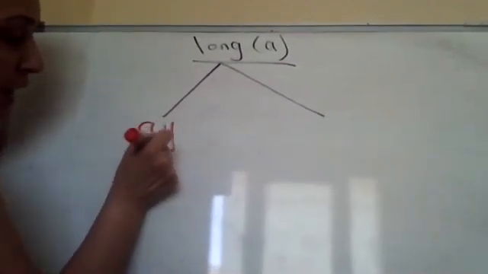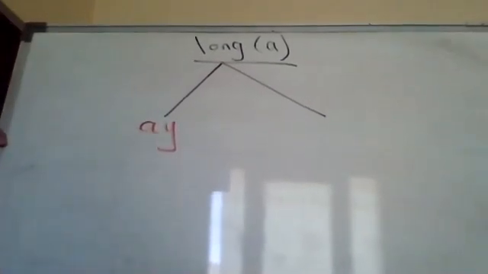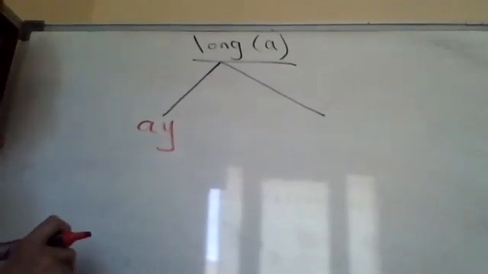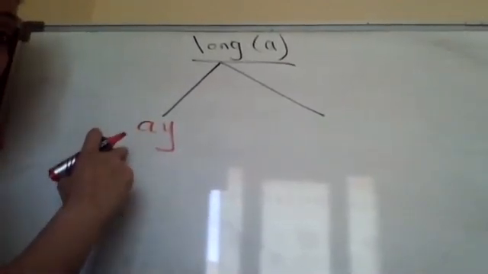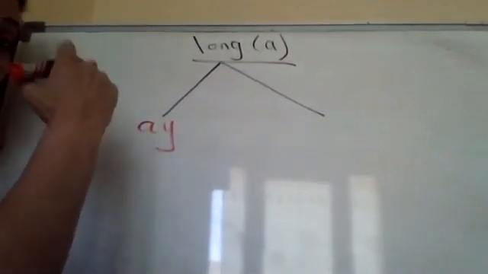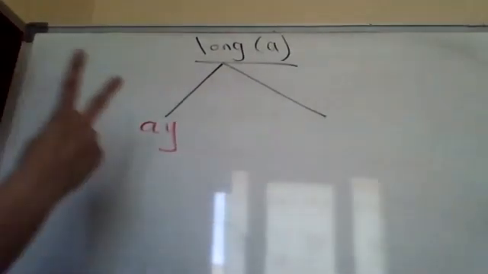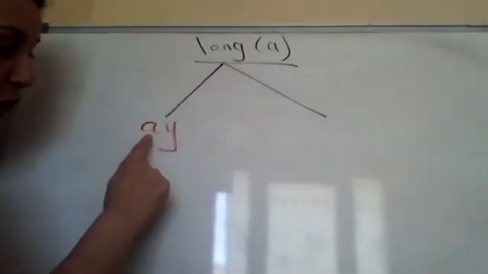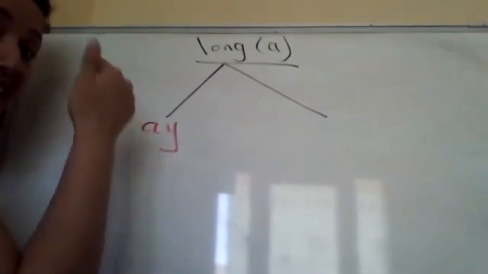A and Y. I pronounce it A. A-Y, A. This is the pronunciation. We pronounce two letters as one letter. Two letters, A-Y, I pronounce them as one letter, which is A.